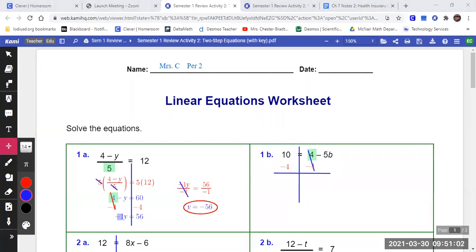What's that 10 minus 4 equal to? 6. What's on the right-hand side, though, after we get rid of that 4? What's left? Negative 5b, exactly.